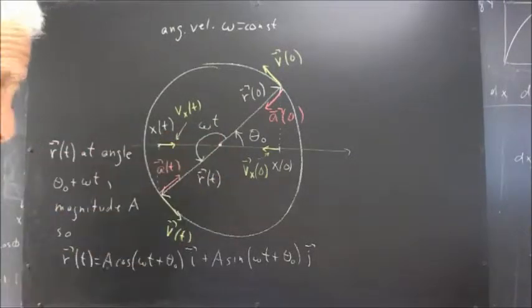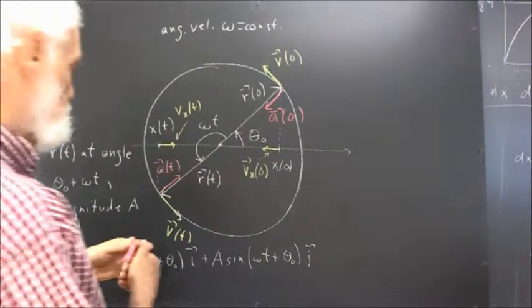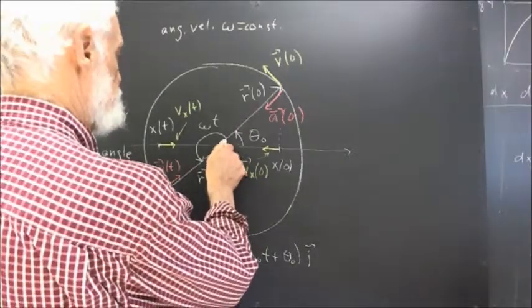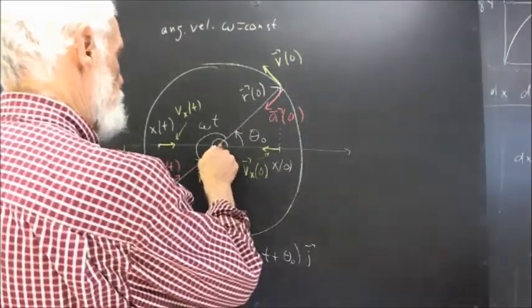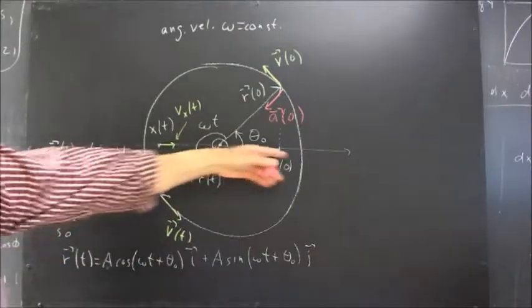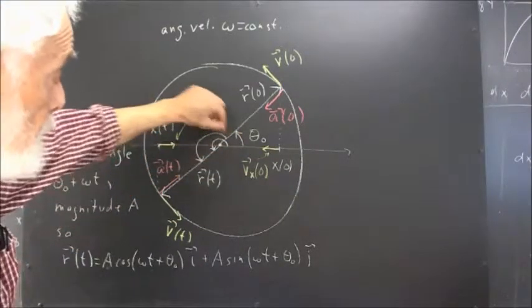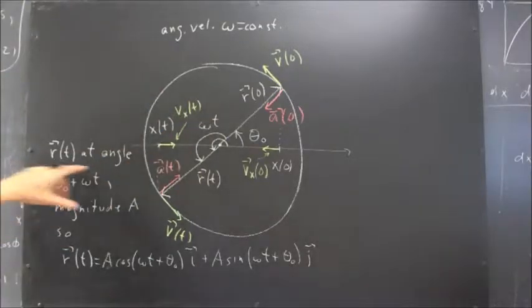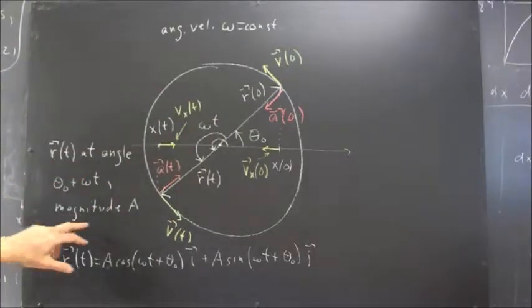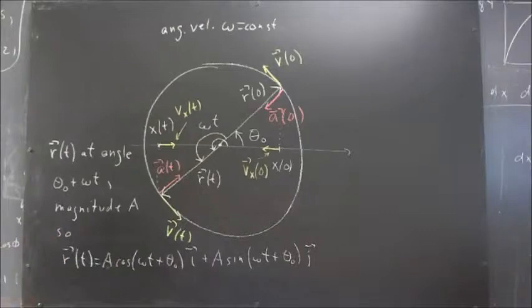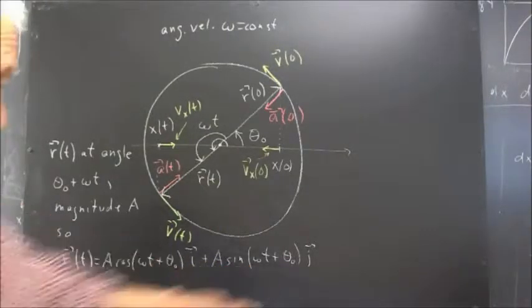The angle of r of t, that's the angle of r of t with the positive x-axis, is just theta naught plus omega t. So r of t is at angle theta naught plus omega t, has magnitude of a. It follows then that r of t is equal to this function.